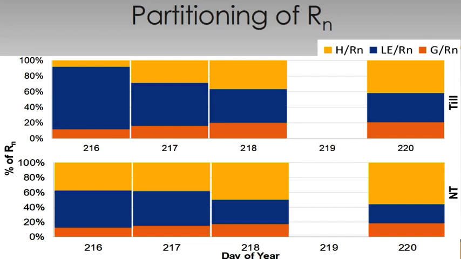As the soil dried, the sensible, latent, and soil heat fluxes all increased with time for the period. Soil heat fluxes did not differ widely, but in the turbulent fluxes, energy was partitioned more differently between till and no-till, specifically with more energy going into evaporating water at our till site throughout the entire period.